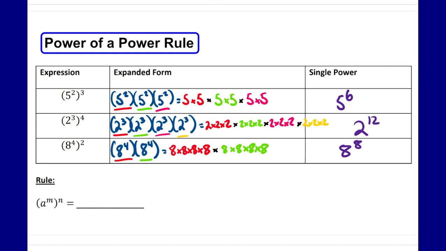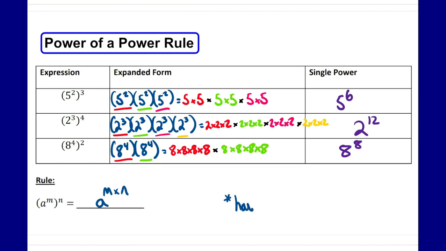So again, my goal is to create a shortcut going from the expression to the single power. Is there a way I can go through quickly rather than having to expand it? There is, and that rule states that when I have a power to a power, I keep the base the same as I've always done, and I multiply the exponents.